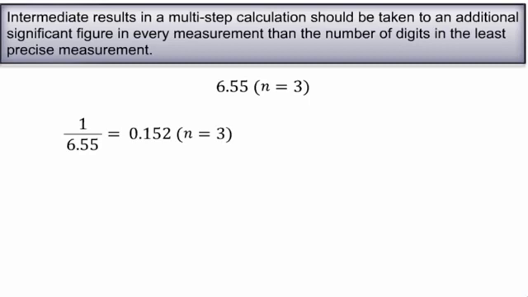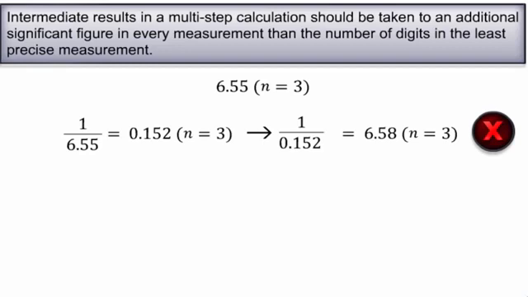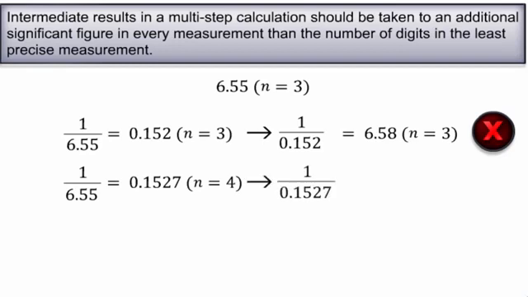However, the reciprocal of 0.152 is 6.58, which does not match the original data we had. Now, if we consider the reciprocal of 6.55 to 4 significant digits, we get 0.1527. The reciprocal of 0.1527 taken to 3 significant digits is equal to 6.55, which is the original data again.